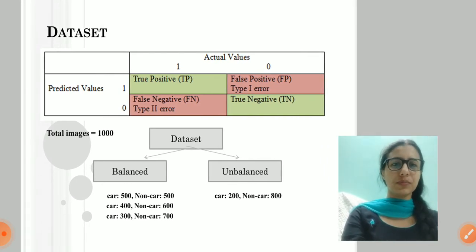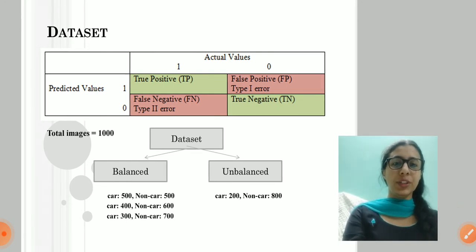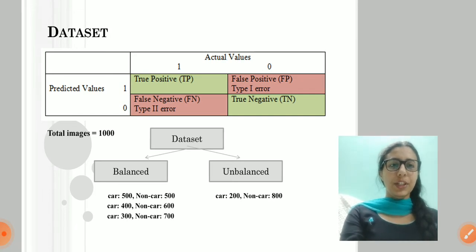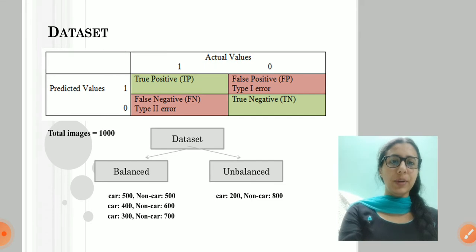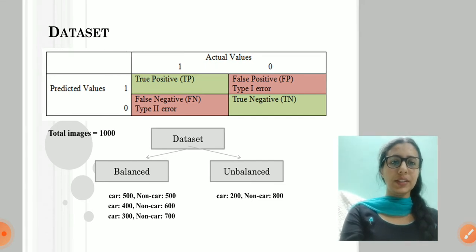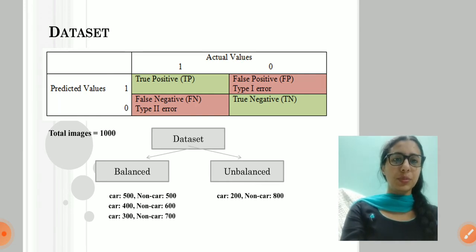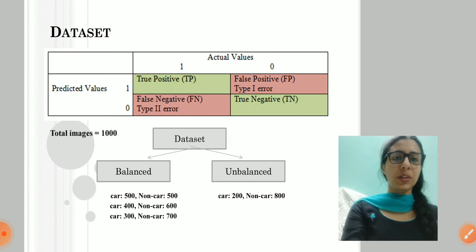But if we decrease the car images to 200 from 300, and increase the non-car images to 800, then it will be considered an unbalanced data set. Because if our model is trained using an unbalanced data set, then it may get biased towards the class which has the more number of training examples.